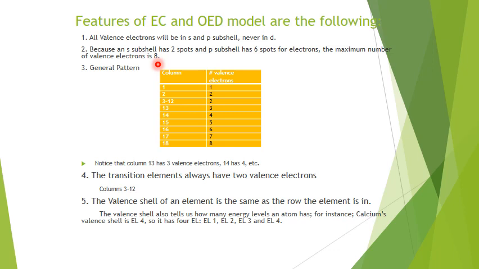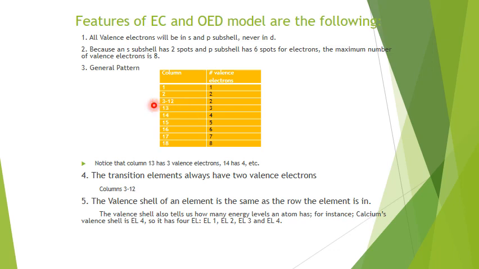The model forces the highest number to be 8, and there's no other reason. You might have learned in chemistry before that there have to be 8 electrons in the outer shell because of stability. It's because the model tells us this. The model gives us that the maximum number of electrons you can have in the outer shell is 8.